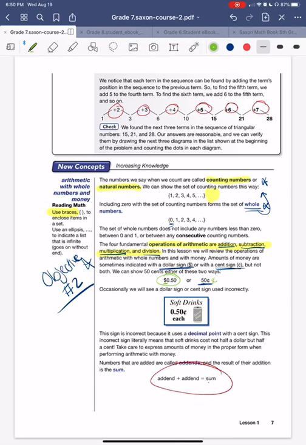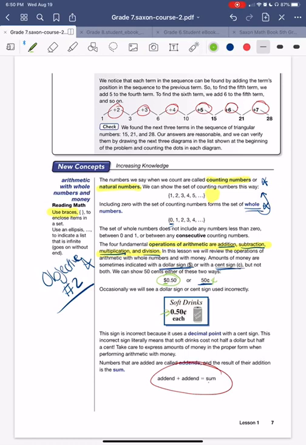Okay. All right. So occasionally we'll see the dollar sign or you might see the cent sign, but sometimes they're used incorrectly. Okay. Now, here in this one, this sign is incorrect. Why is it incorrect? We see the decimal. I see the cent sign.